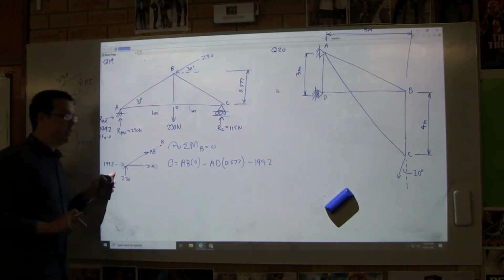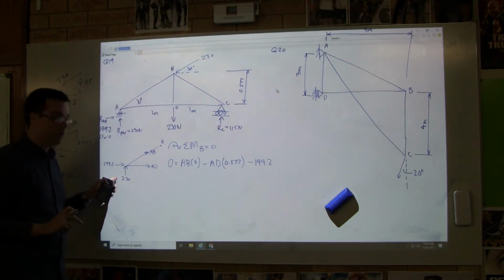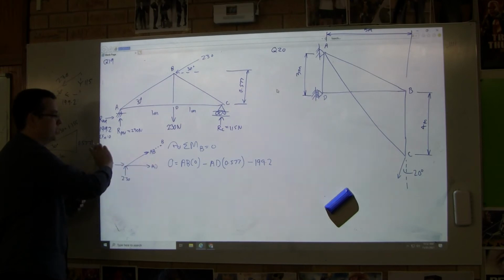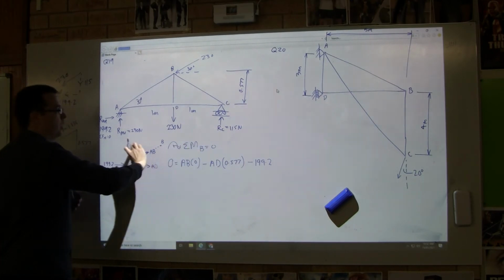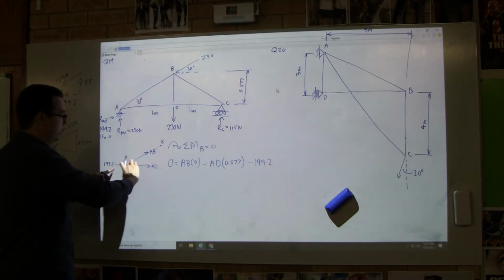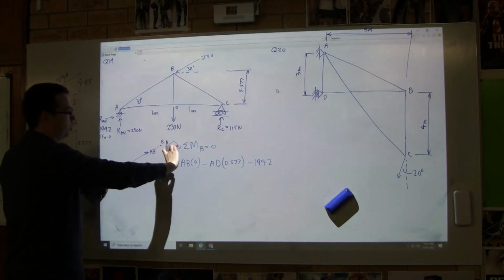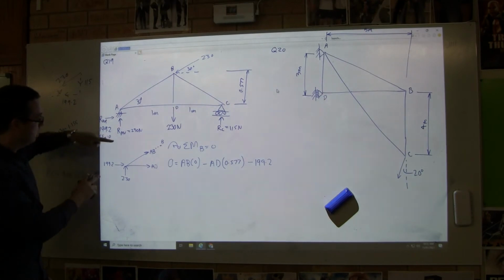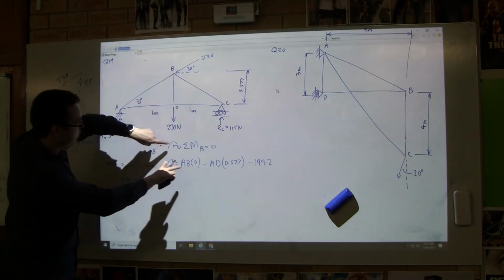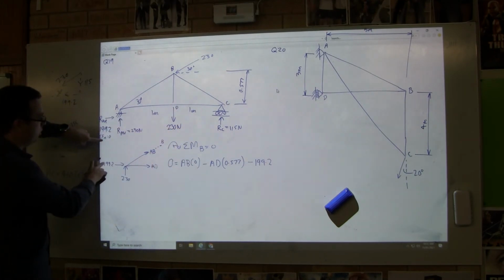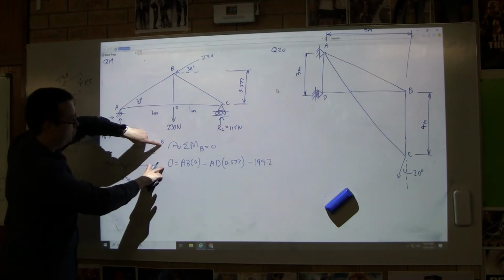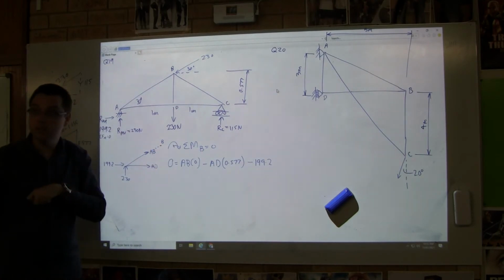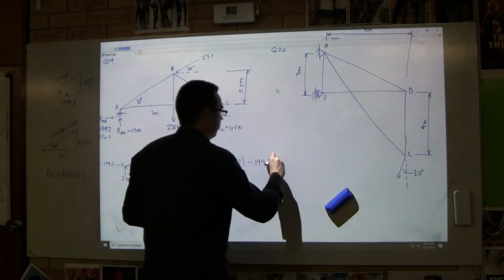What's its perpendicular distance going to be? 1 meter. So it's running through that point, running like this. Where is it closest? It's closest here. What's that distance? 0.577, that's right.